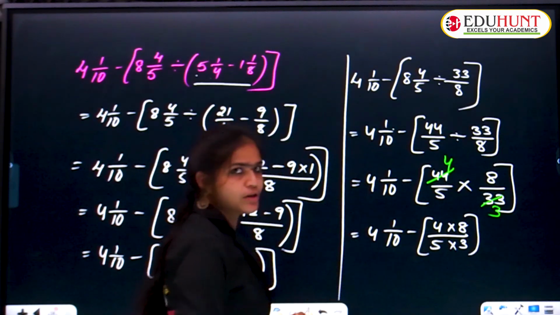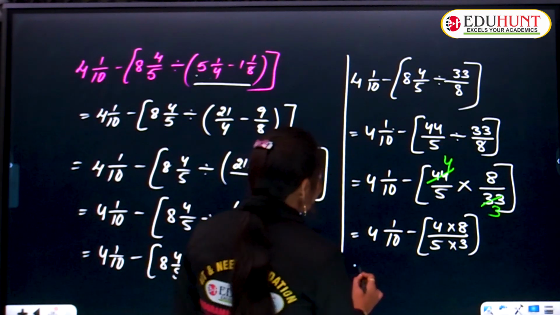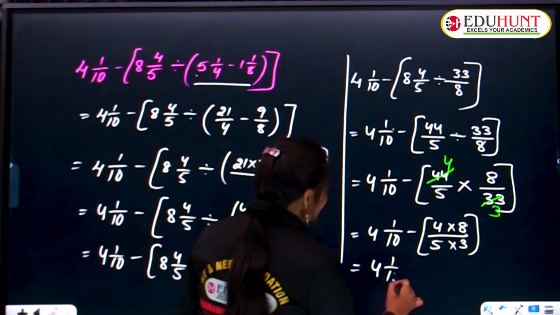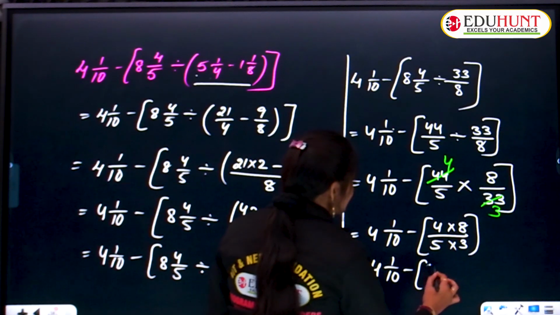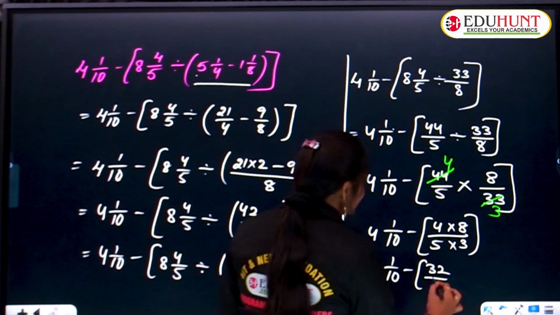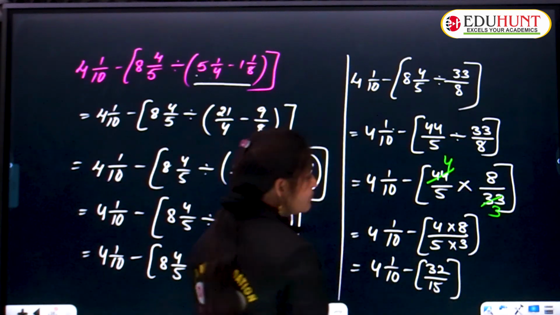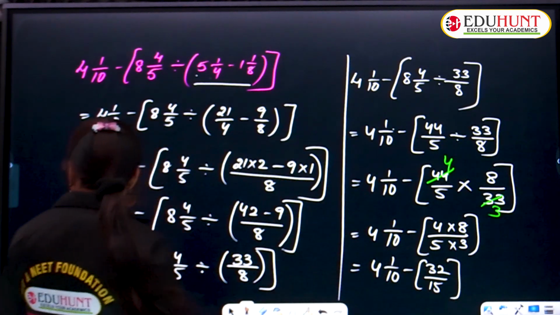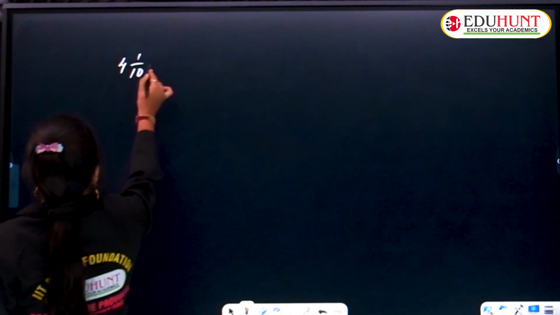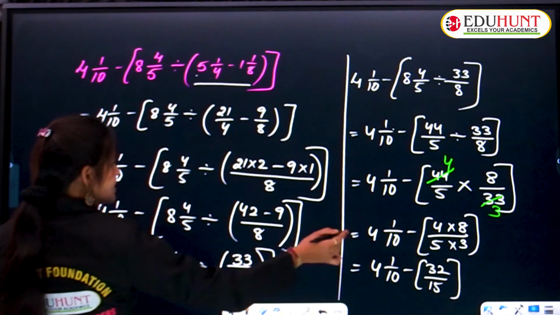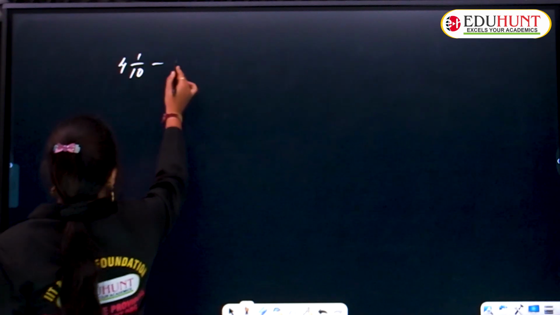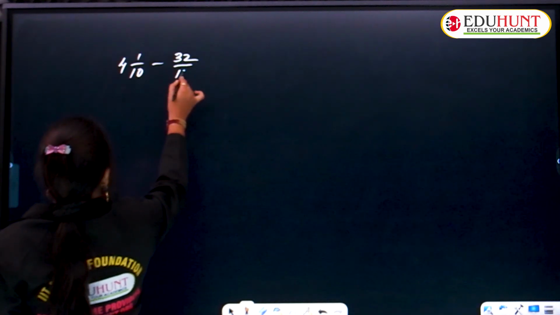Not possible here. Finally, 4 1/10 minus 4 8s are 32, 5 3s are 15. Clear? Now, 4 1/10 minus 32 by 15.